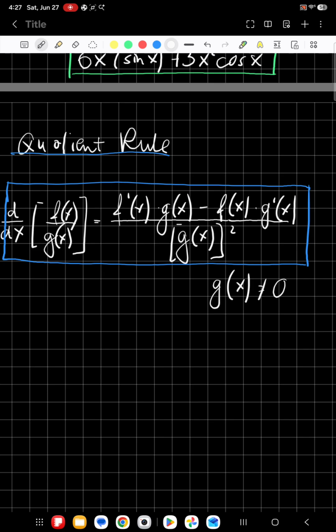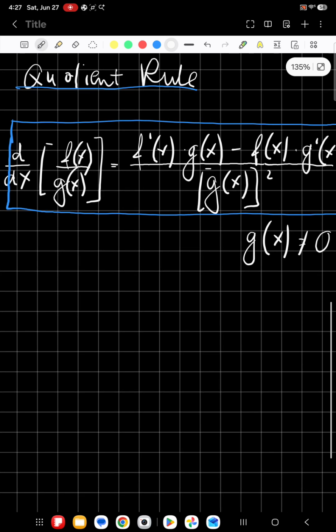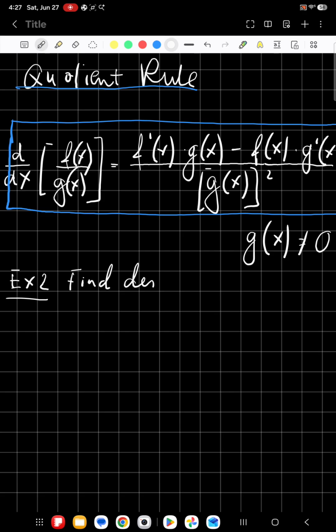Okay, so example 2. And again, find the derivative. And we have something like this, d/dx with 5x minus 2 on the top.